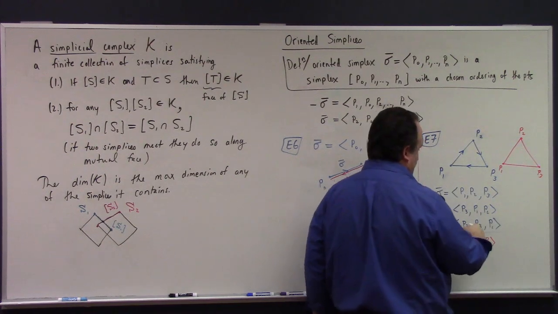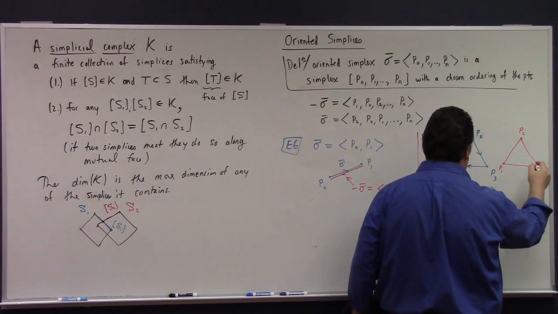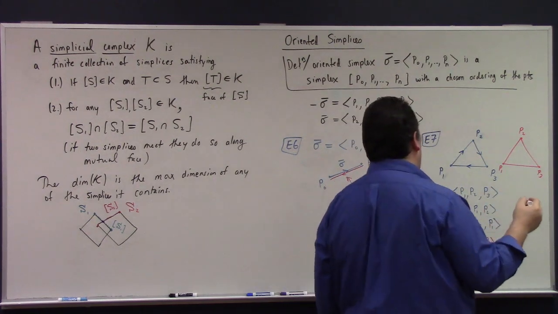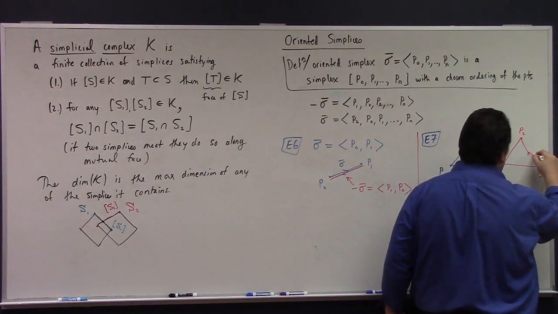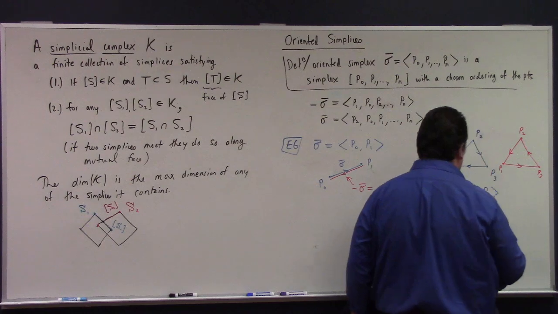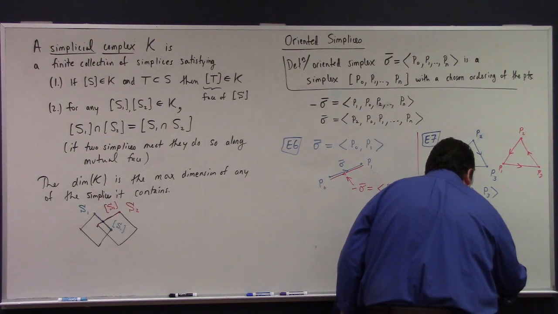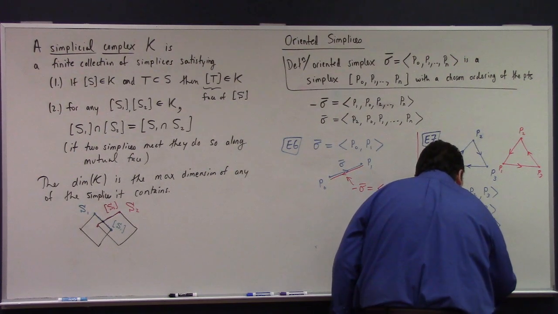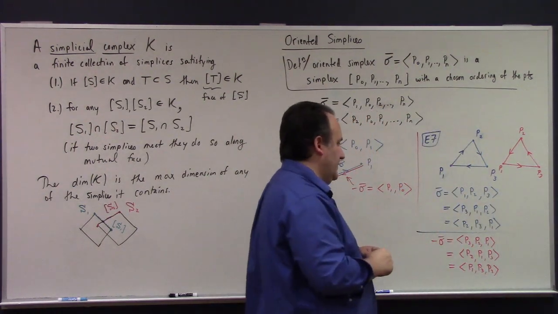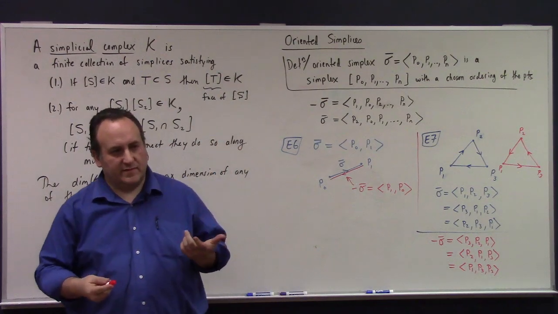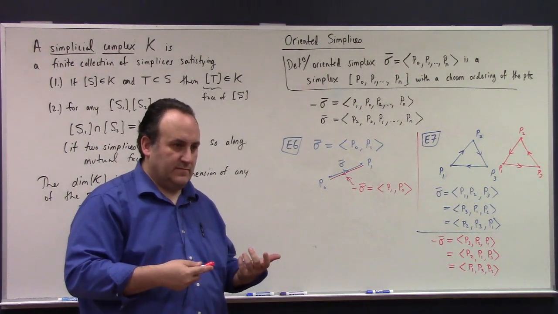So minus sigma bar goes from 3 to 2, 2 to 1, 1 to 3, right? And so you could also write this as P2, P1, P3, or you could write it as P1, P3, P2. There you go. Those are all 6 possible orderings of 3 points, right? 3 factorial is 6.